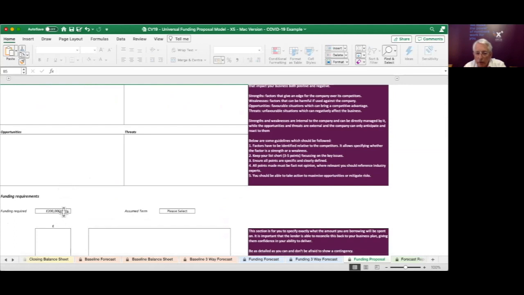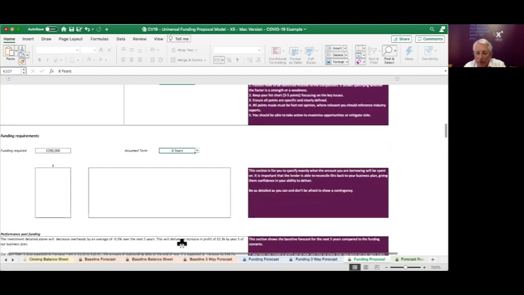The funding required, 200,000. Assumed term, you would have to choose here. So let's just say it's going to be 6 years. So you would then say, right, what do you want to have the money for?